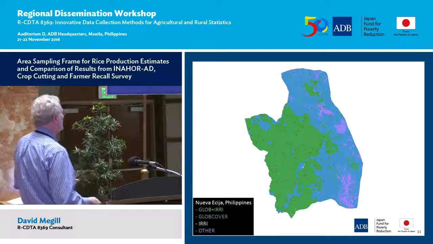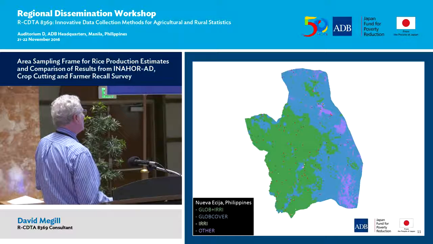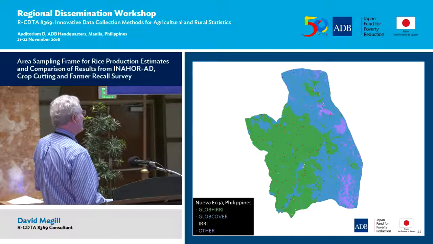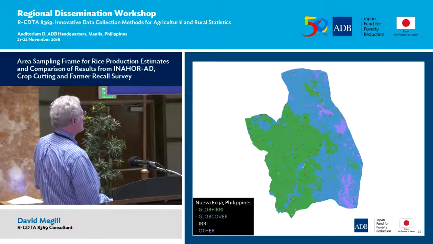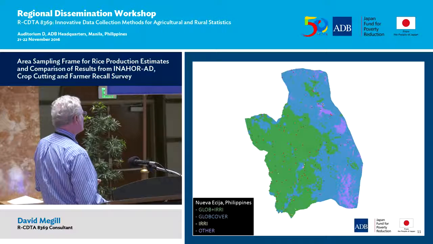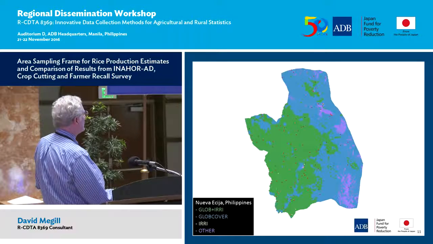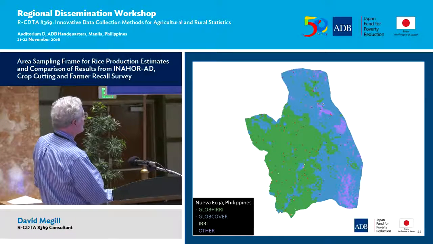Then we have here Nueva Ecija here in the Philippines. And this is interesting in that other is very sparse here. So the province is highly covered by rice. And the GlobCover-IRRI overlap covers a good portion of that. But then GlobCover covers an additional large portion.